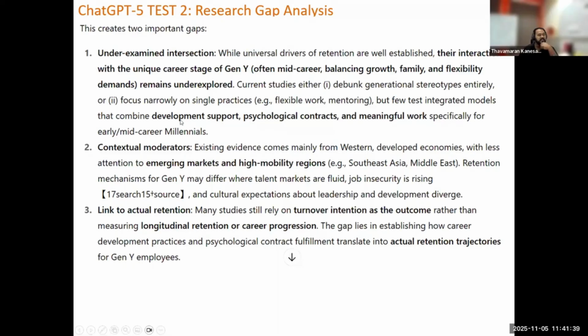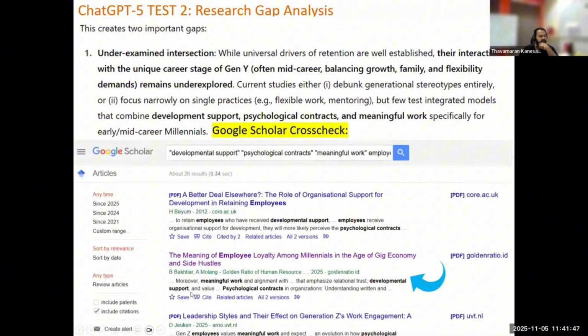They say no one has combined this together. You go and open up Google Scholar and cross-check, the paper is already published. Meaning of employee loyalty among millennials in the age of gig economy, side hustles, meaningful work, developmental support, psychological contracts, all done already in the same paper, all covered.